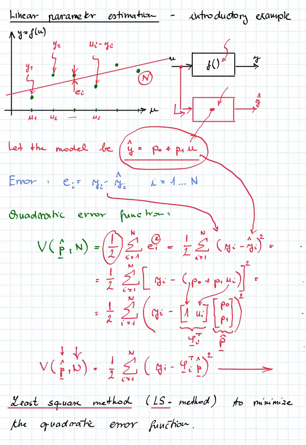This technique has a name: the least square method, or the LS method. LS estimation is the other name for that. The goal of this least square method is to minimize the quadratic error function, which will be presented in the next lectures.